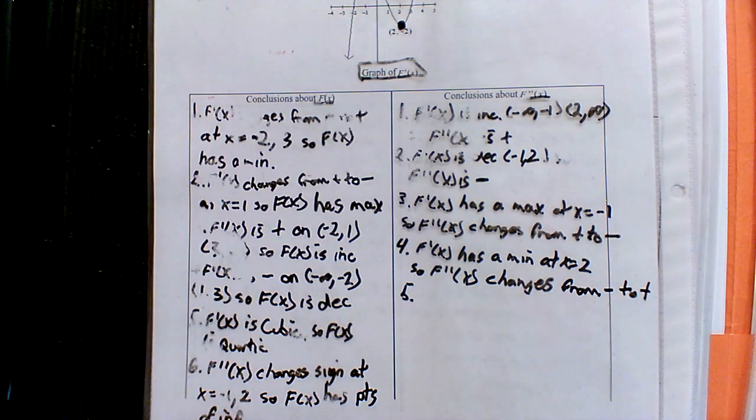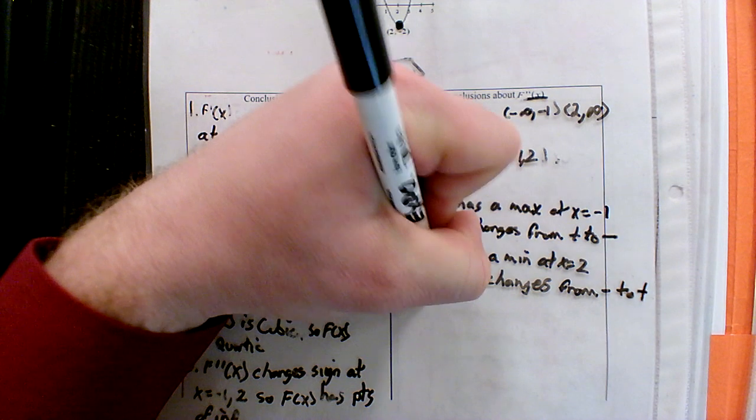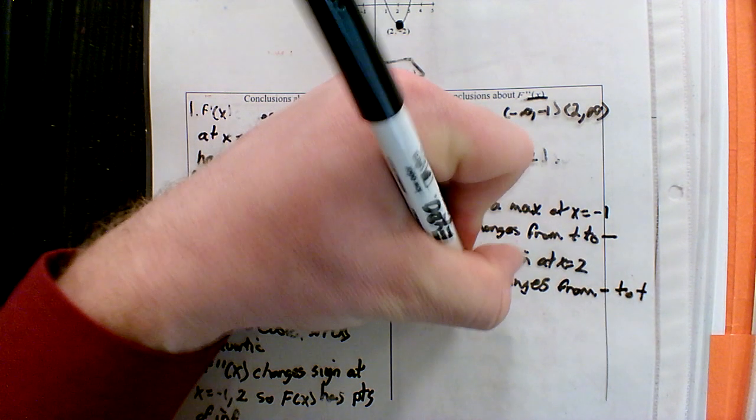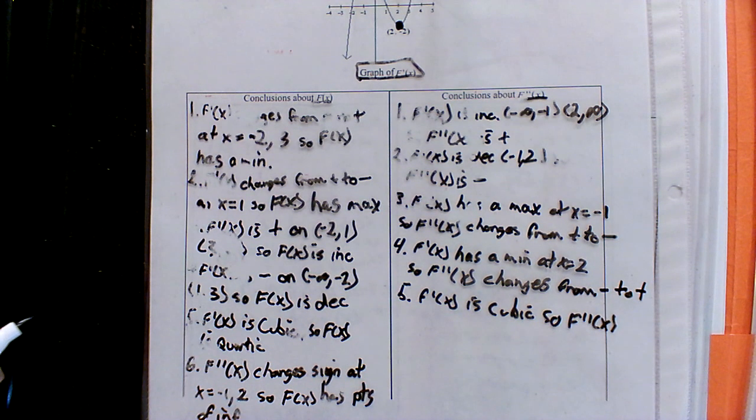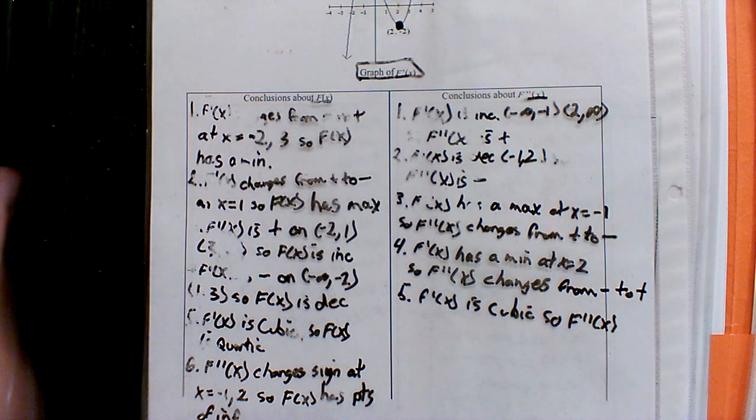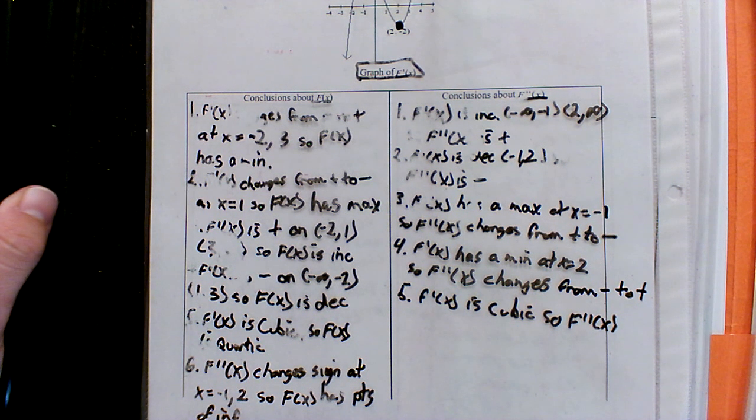All right, and last for this page, number 5. F prime of x, so the first derivative is cubic. So the second derivative is what? Again, a little redundant. We've talked about it before, but this is still the conclusions we can make from looking at this graph.